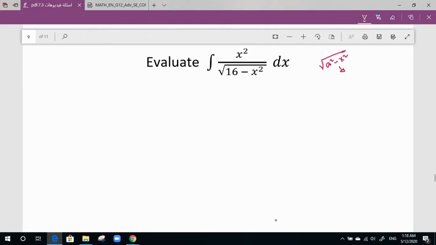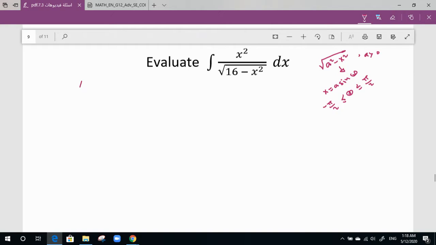In this case, as we remember, we have the substitution x equals a sine theta, with theta between minus pi over 2 and pi over 2 as a closed interval. Here in my question, a equals 4, because a squared is 16 and a is greater than 0.